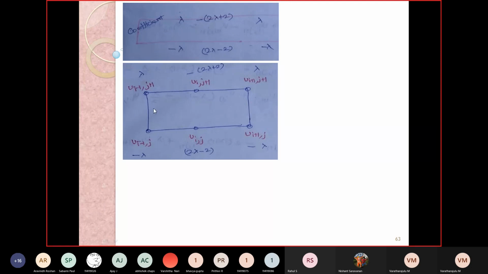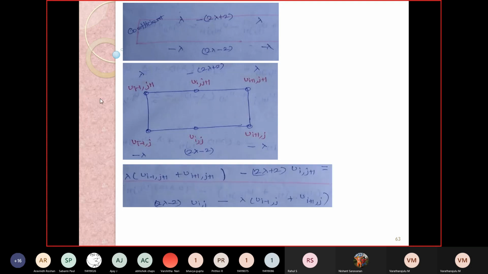The top, the j plus 1 row, is equal to the jth row. From this feature we can get the same Crank Nicolson formula. Therefore, please remember this feature in order to retrieve the formula.